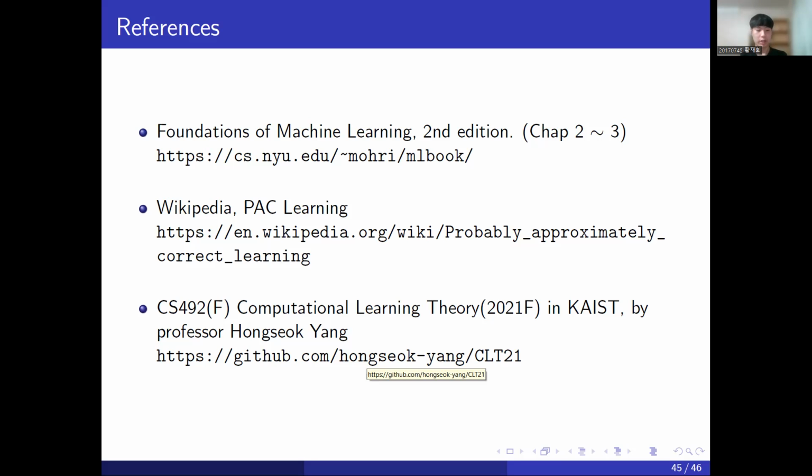And I also refer to Wikipedia, and the course held in 2021 fall at KAIST, computational learning theory, which is taught by Professor Hong-Seok Yang. So if you are interested in this topic of PAC learnability and theoretical machine learning, you can learn much more from this website.